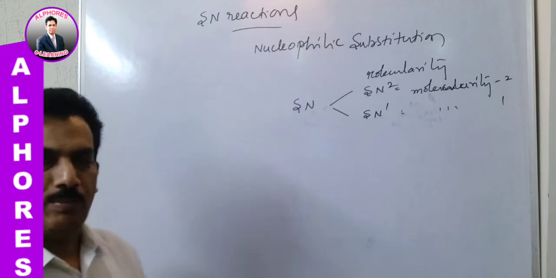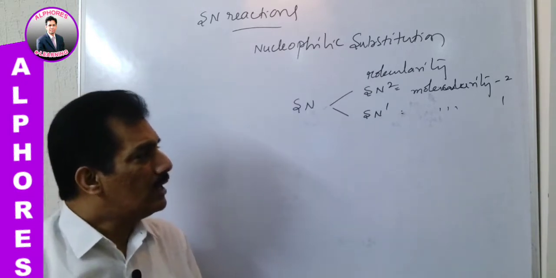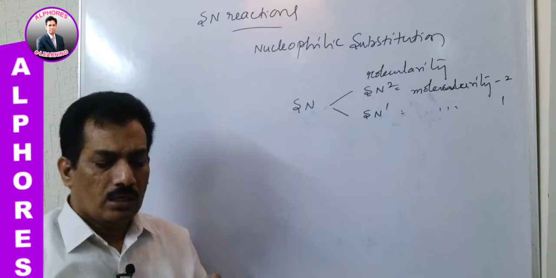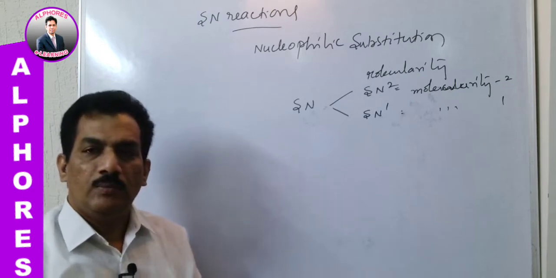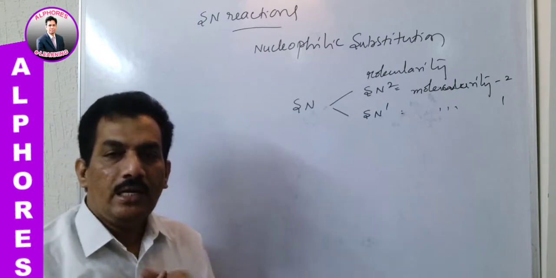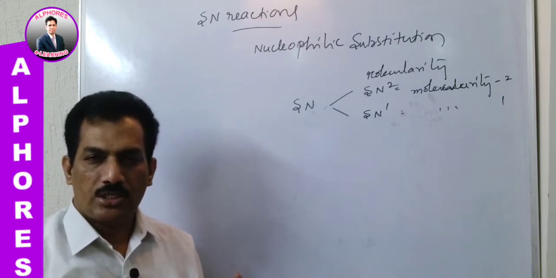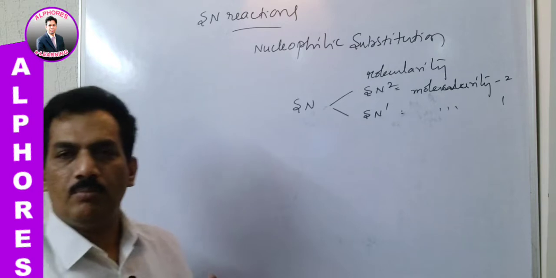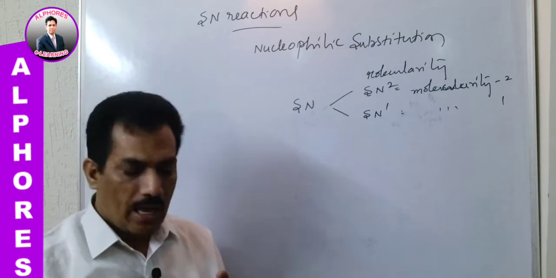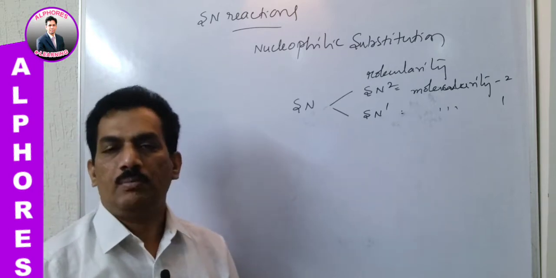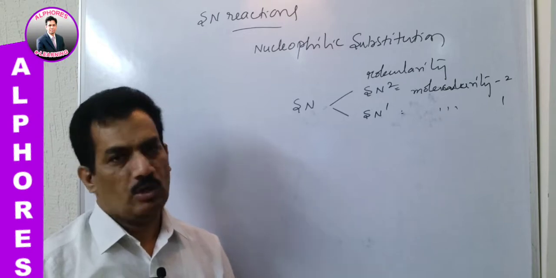Now what is meant by molecularity? From chemical kinetics, molecularity is nothing but the number of molecules involved in the rate determining step. If a reaction takes place in two or more steps, the slowest step is known as the rate determining step, you remember.